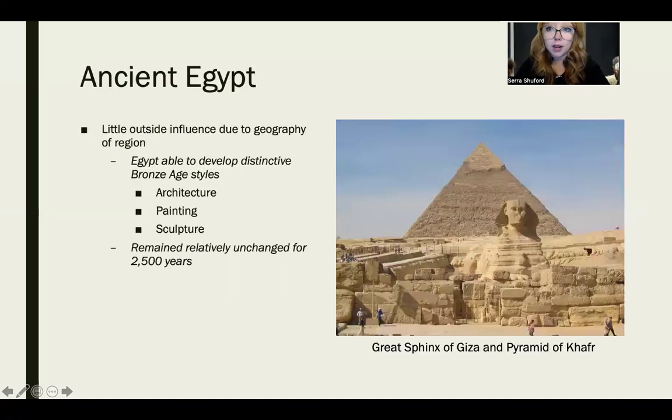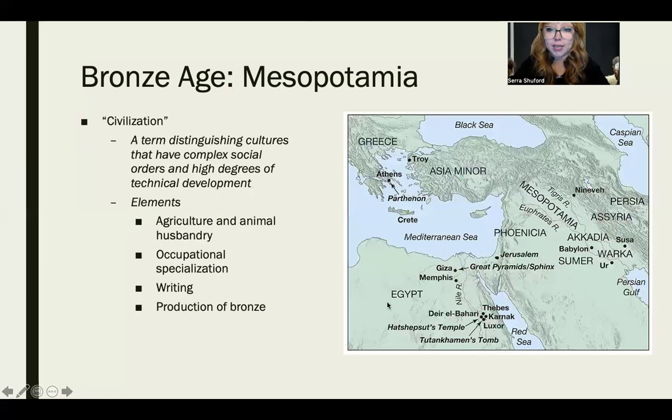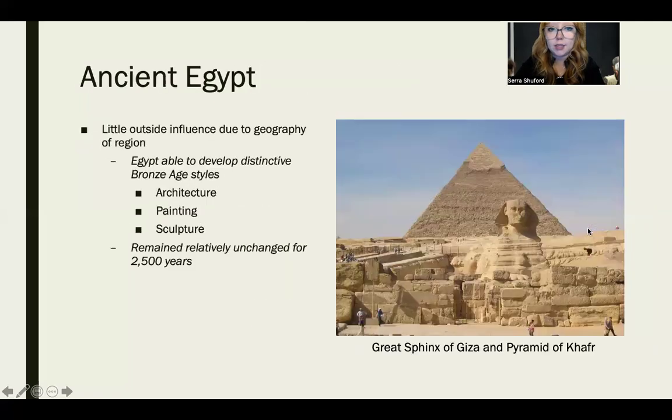Now, on the other side of our map, back over here, we see Egypt. And there's this little bridge that appears there, which you wouldn't think would be much of a cutoff, but it really did separate Egypt from the rest of Mesopotamia for several thousand years, 2,500 years to be specific.